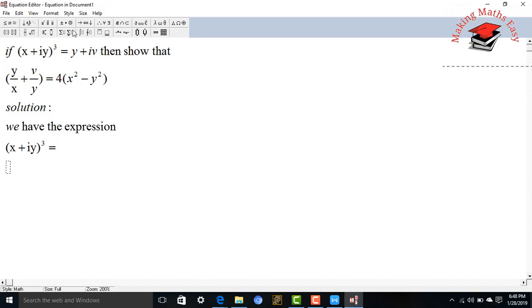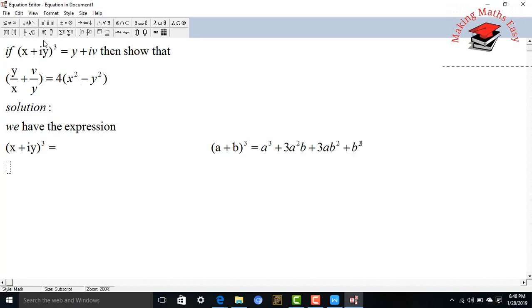So (x + iy)³. As we know the formula for the simplification of (a + b)³, it is equal to a³ + 3a²b + 3ab² + b³.